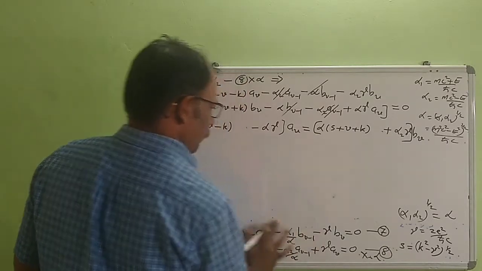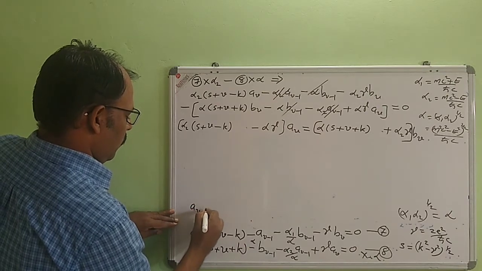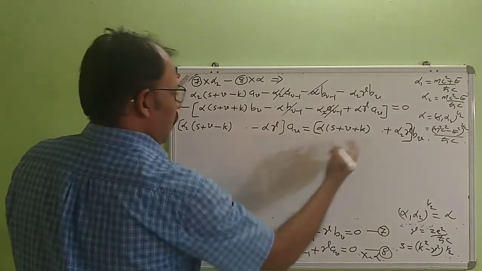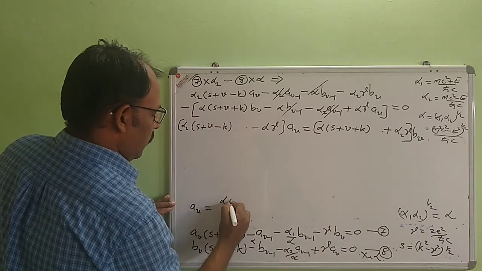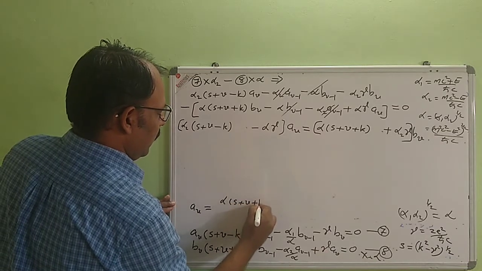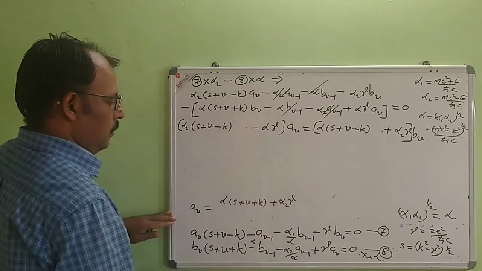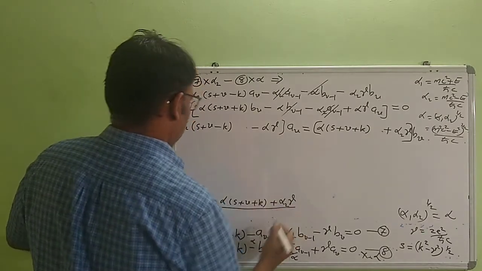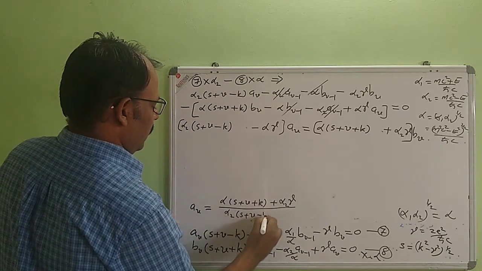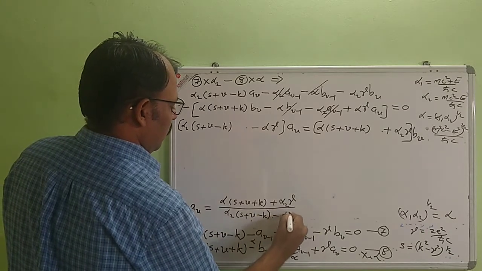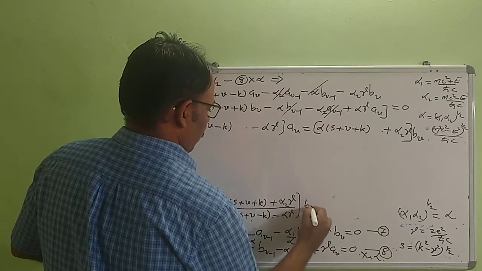Now write the expression for AV. I am writing that equation here. AV is equal to alpha S plus V plus K plus alpha 2 gamma, divided by alpha 2 S plus V minus K minus alpha gamma, into BV.